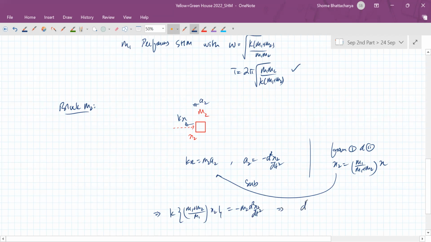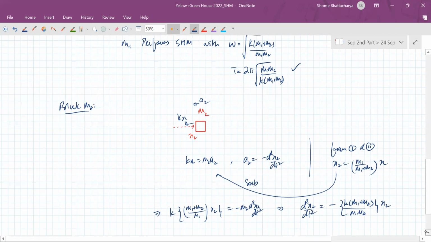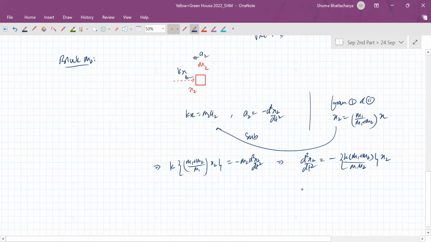So you get your SHM equation that d2x2 by dt square is minus k into (m1 plus m2) divided by product of m1 m2, which is exactly the same value of omega square as for the above block. Okay. So this is the SHM condition.